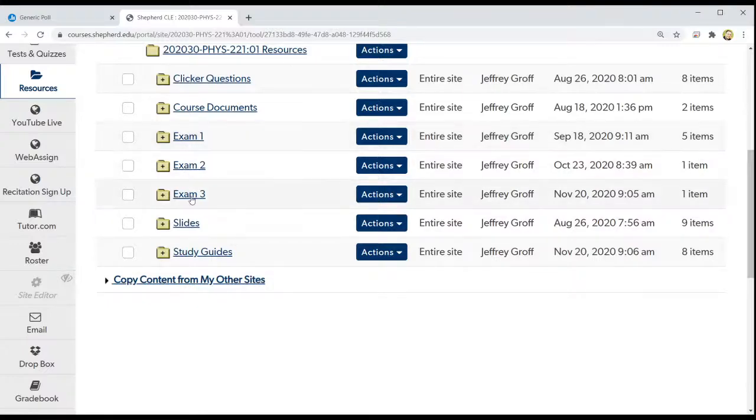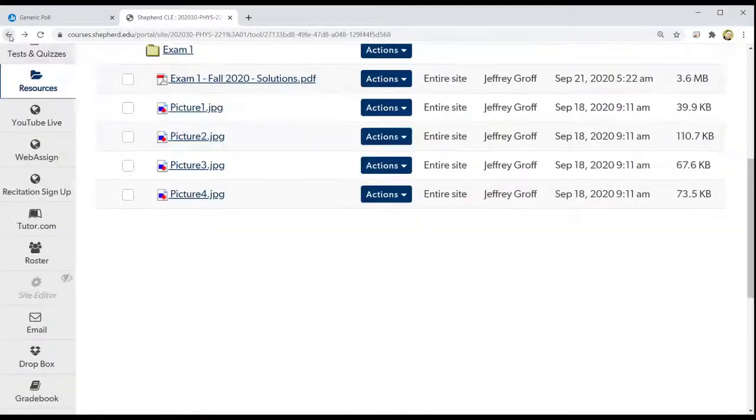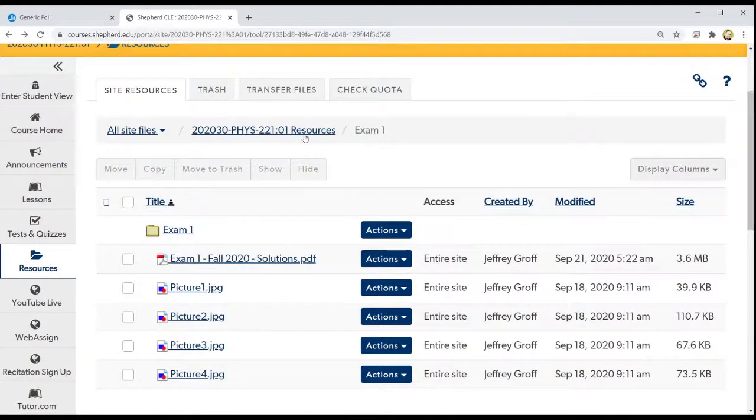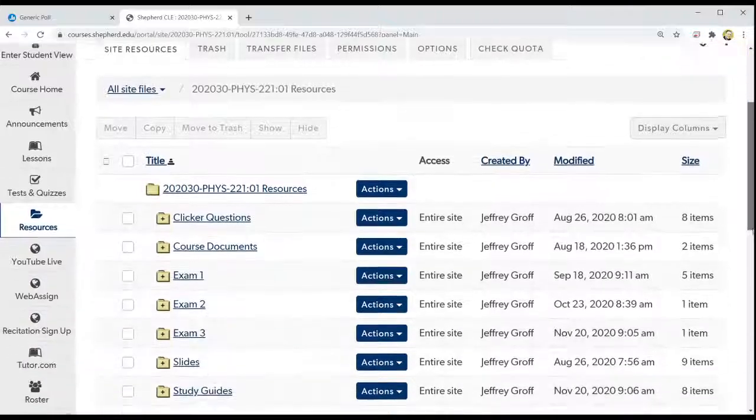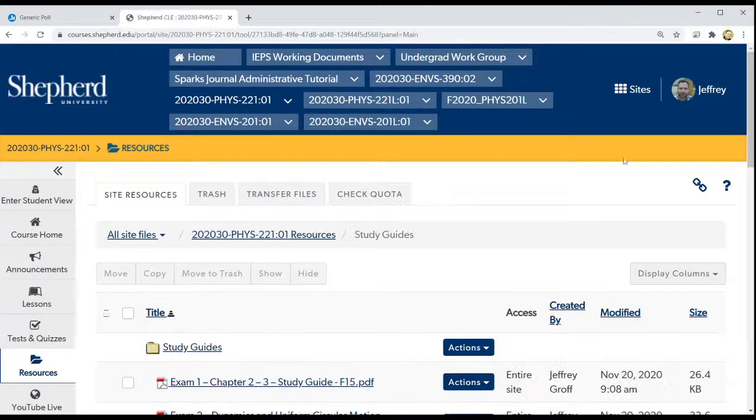Exam 1, 2, and 3 solutions are posted here, and those are terrific study guides. Then there are all the slides, clicker questions, and the equation sheet that you'll have on the final exam. And then I posted some study guides.